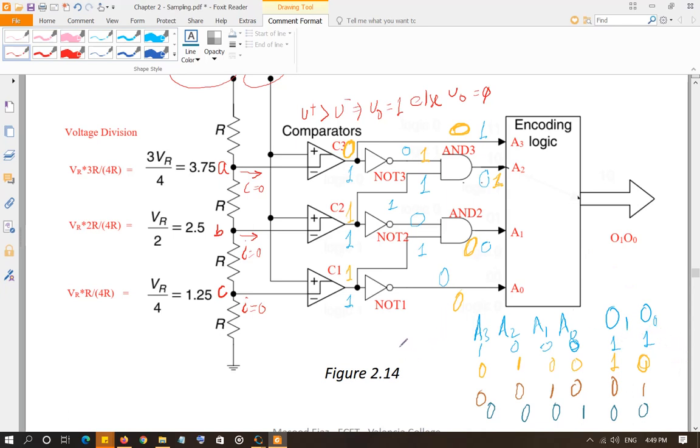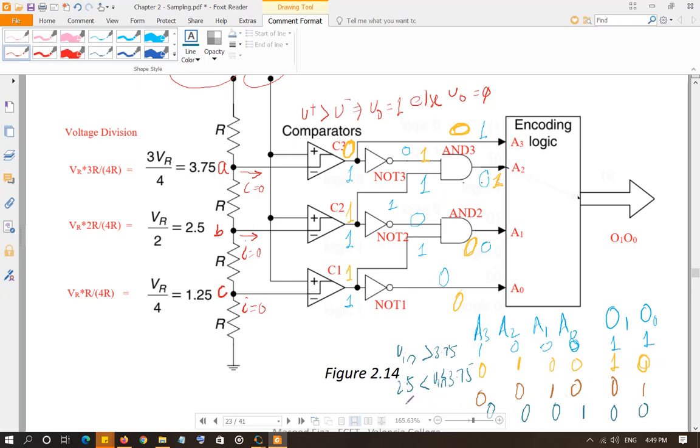For this one, any input voltage greater than 3.75 volt and less than 5, the code that will be generated will be 1 1. Any input voltage between 2.5 and 3.75, the code that will be generated is 1 0.